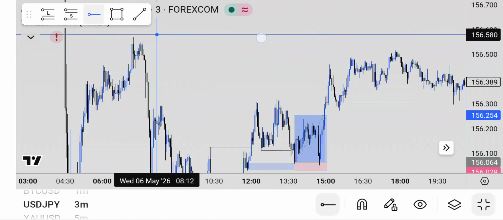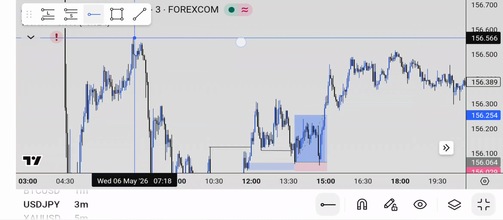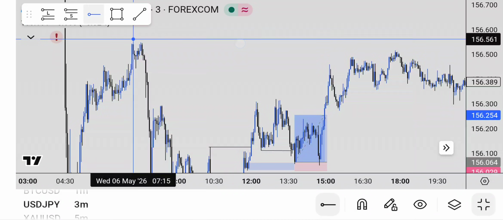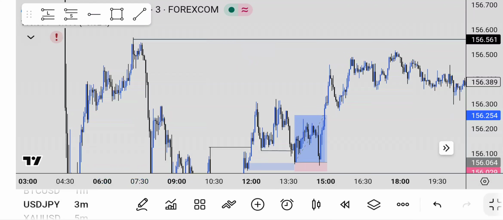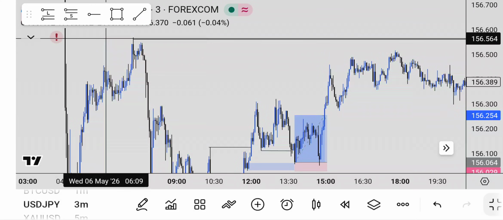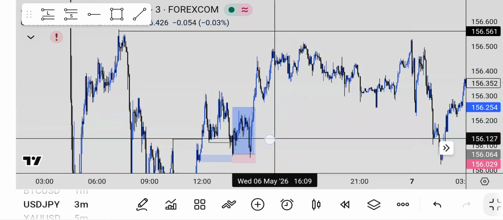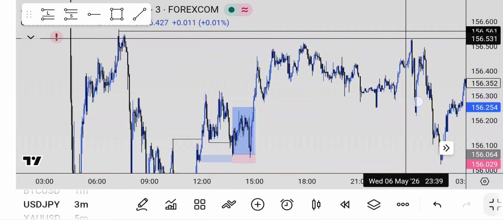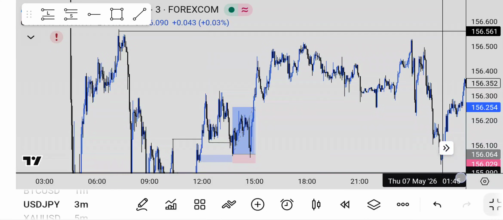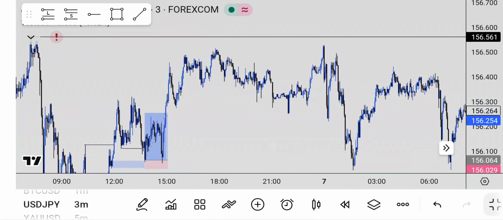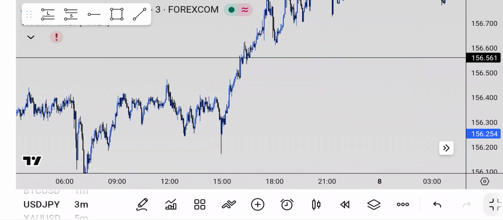Because of structure, they now have to extend their take profit to this level. But sometimes it doesn't play out, because if you watch here, when the market broke out, it went all the way up, stopped you out, then decided to hit that target.